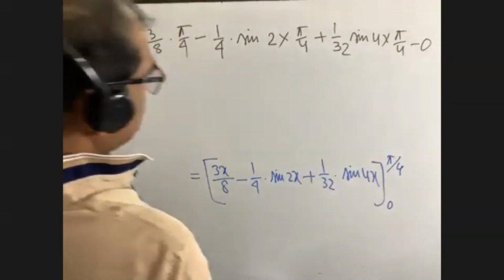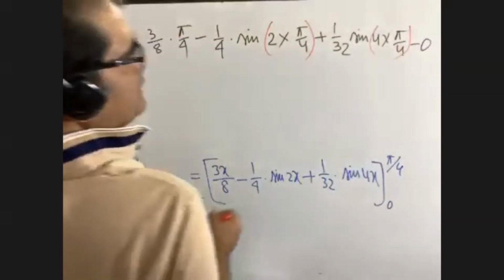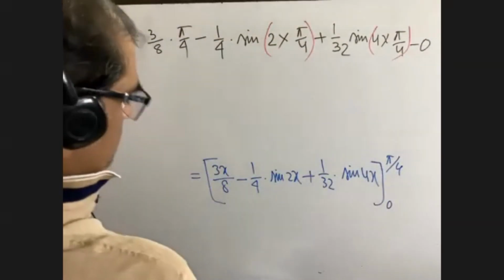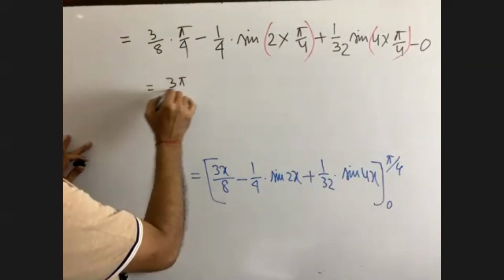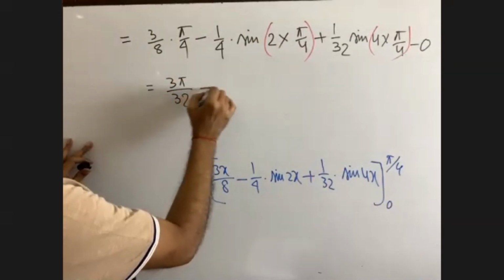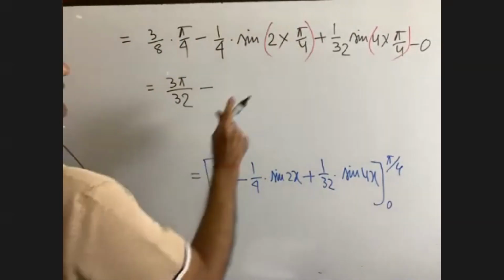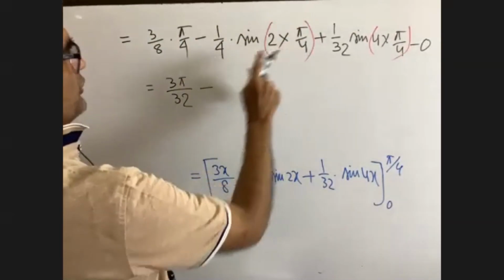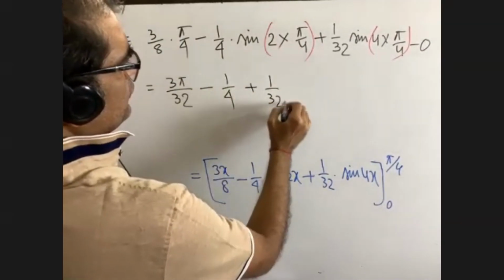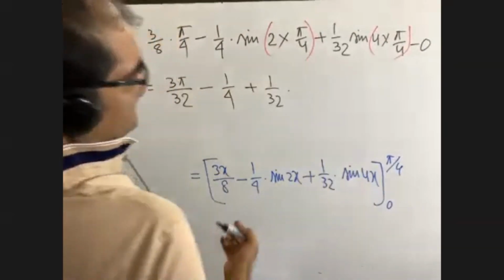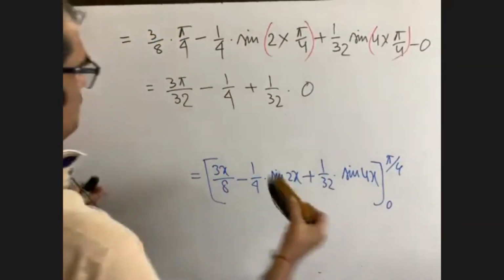For betterment, you can give it like this so that you can easily understand. So we are getting 3 pi by 32 minus 1 by 4 sine pi by 2, which is 1, plus 1 by 32 sine pi. What is sine pi? 0. So we have got our answer.